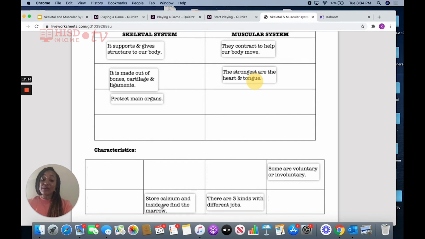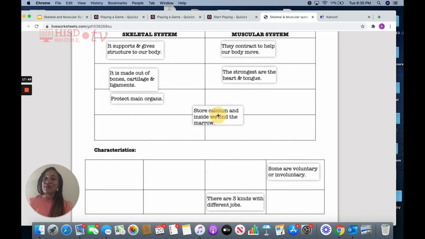Store calcium inside, we find marrow, like bone marrow. So a hint here would be drinking milk, right? Milk has a lot of calcium inside of it. Do your parents tell you to drink milk for your bones, or for your muscles?